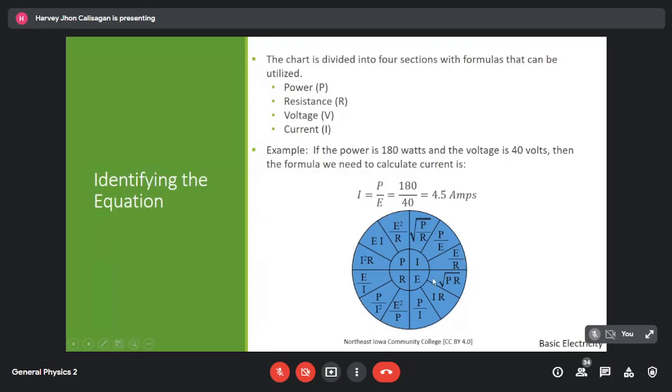If we'll be looking for the voltage, we have power divided by the current, or voltage is equal to the current times the resistance, or voltage is equal to the square root of the power times the resistance. So just try to familiarize yourself with this chart.